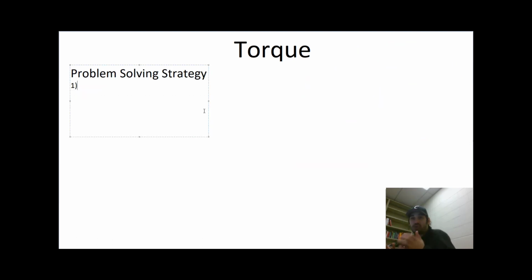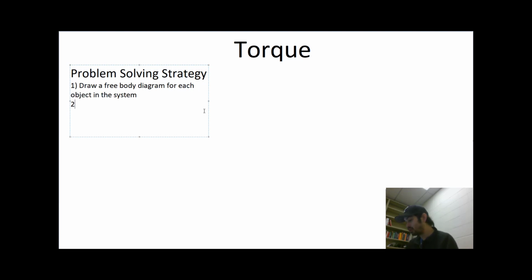So let's talk about the general problem-solving strategy for any problem where we want to find some acceleration and we have something that can rotate. This is also the same problem-solving strategy that we had for translation. We're just going to add a little bit more on top of it. The first thing we want to do is draw a free body diagram for each object in the system.